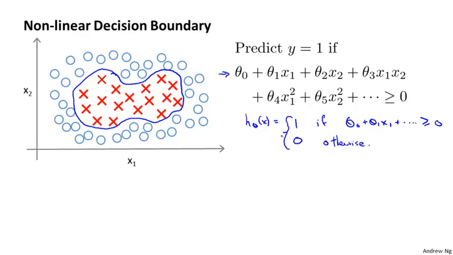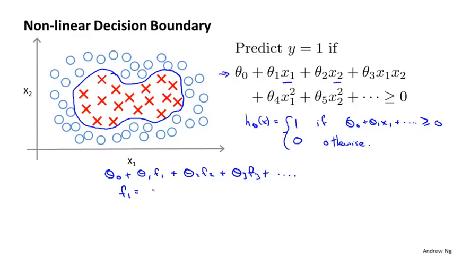And another way of writing this, to introduce a little bit of new notation that I'll use later, is that we can think of a hypothesis as computing a decision boundary using theta 0 plus theta 1 f1 plus theta 2 f2 plus theta 3 f3 and so on, where I'm going to use this new notation f1, f2, f3 and so on to denote these new features that I'm computing.